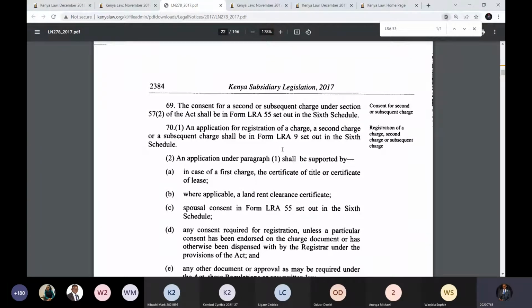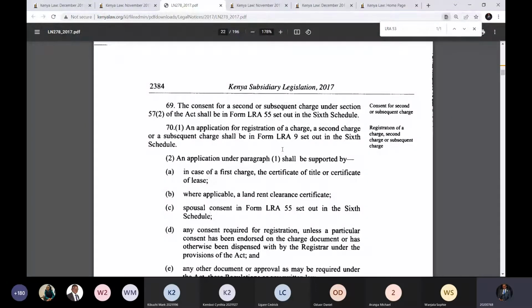After making the application, you need to give the supporting documentation. One of the crucial supporting documents is the charge. You need to have the charge, first of all. What else? Other than the charge, you need to have the title.